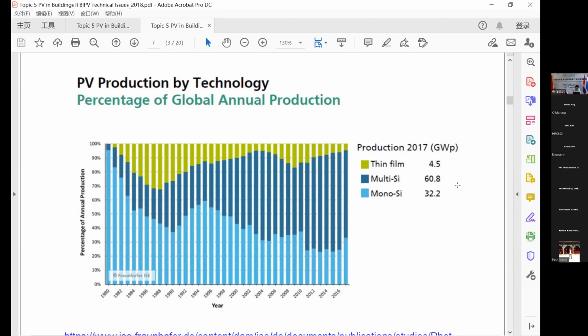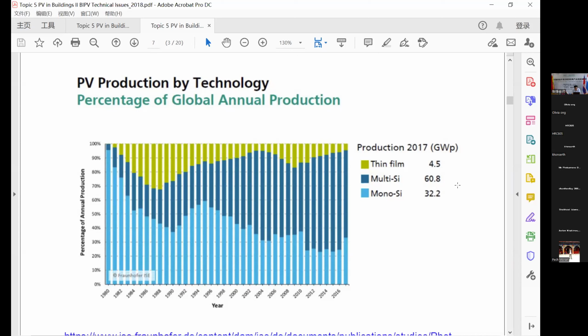See the light blue parts, but gradually it reduces to about 35 or 37% in 1990. And in this period, the multi-silicon based solar cells gradually increase their market share.